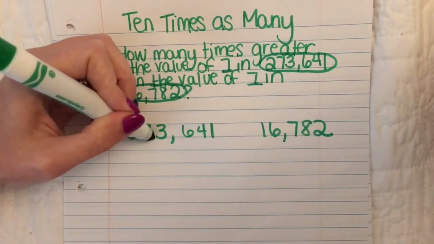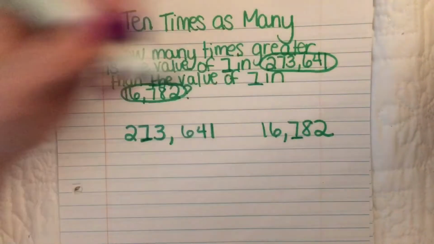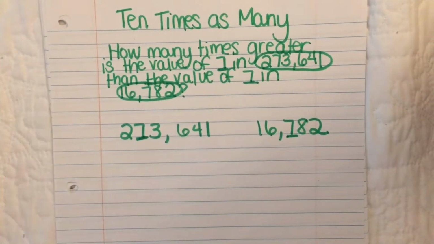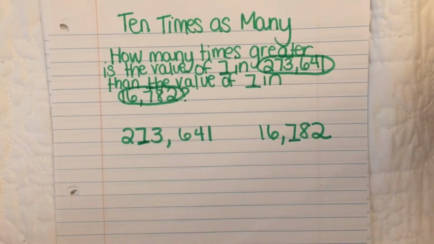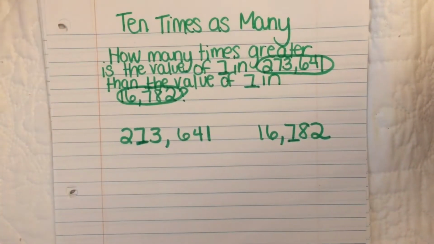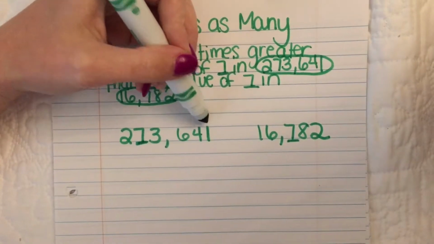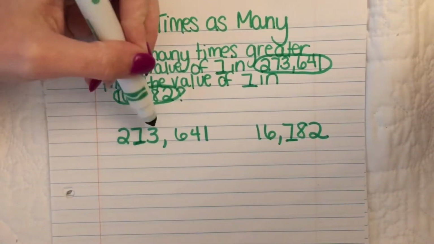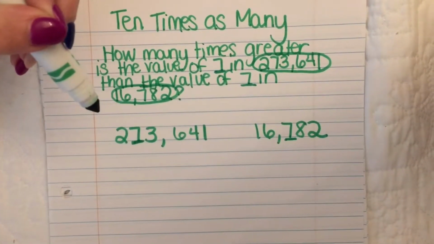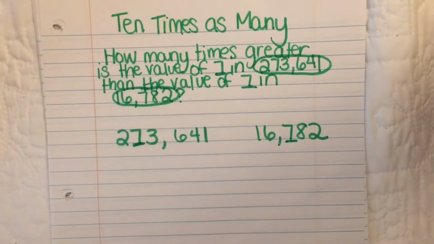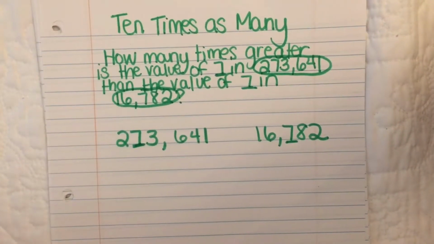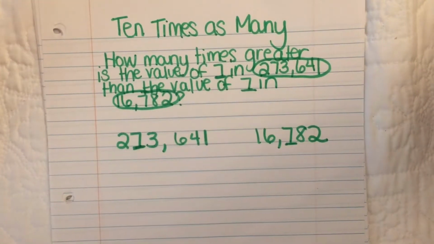So I'm going to underline, okay, we're looking at the 7 here and the 7 here. Now, remember, here's where it becomes important, those digit values. Well, we need to think about what place value it is in. Ones, tens, hundreds, thousands, then 10,000s.